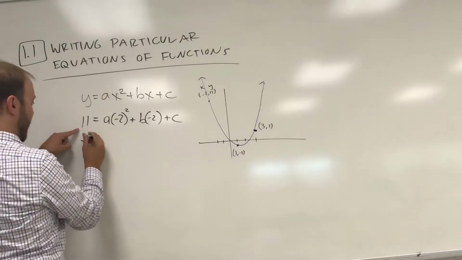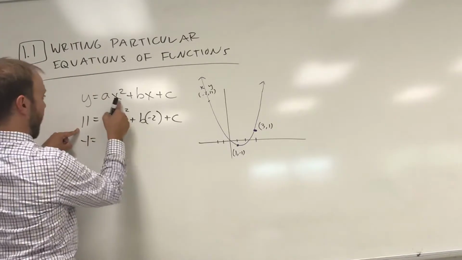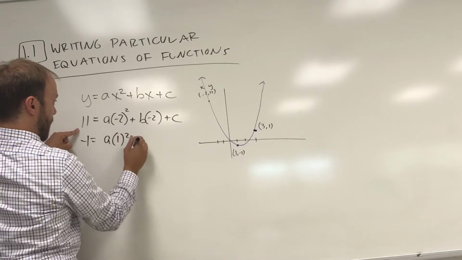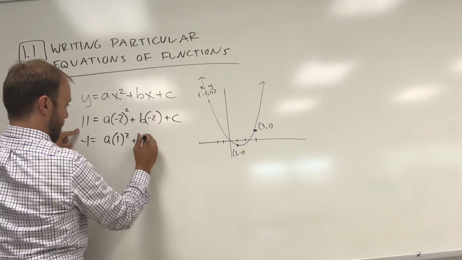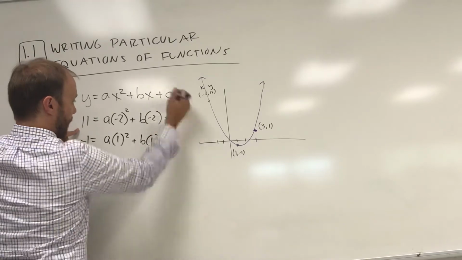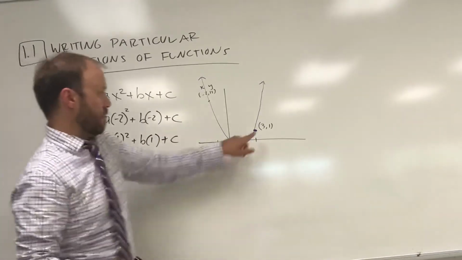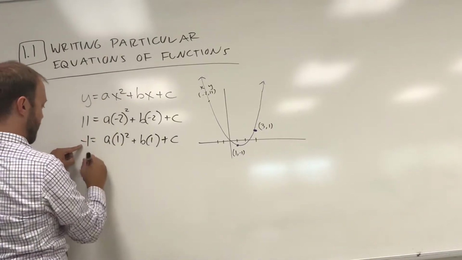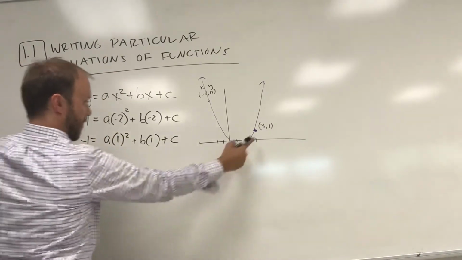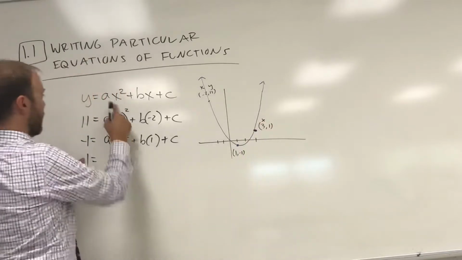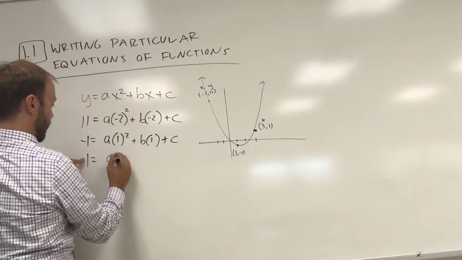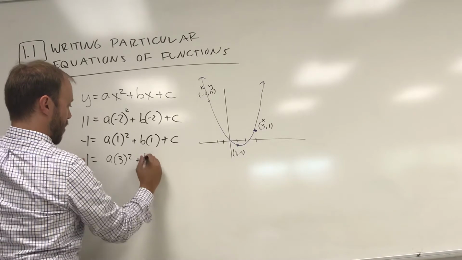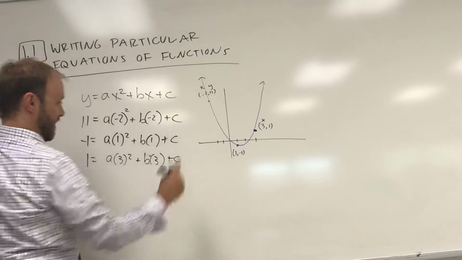So y is -1 when x is 1: a times 1 squared plus 1 times b plus that c value. And then when I put 3 in for x, I want to get back a 1 for y. That's going to be a times 3 squared plus b times 3 plus c.